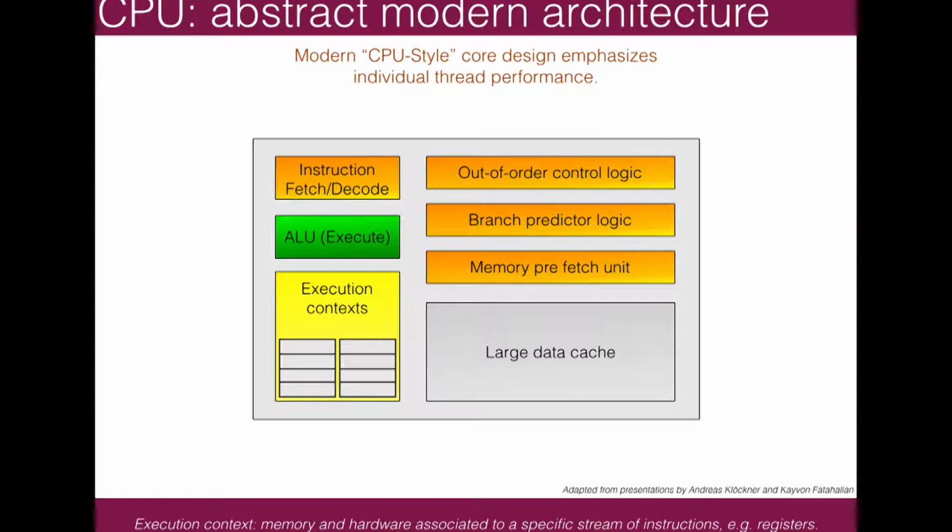For every core, you have an instruction fetch decode unit, an arithmetic logic execution unit, and you have out-of-order control logic, branch prediction logic, memory fetch, prefetch units, and large caches. In the original GPU design, most of this was thrown away.